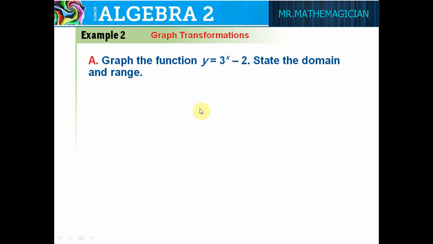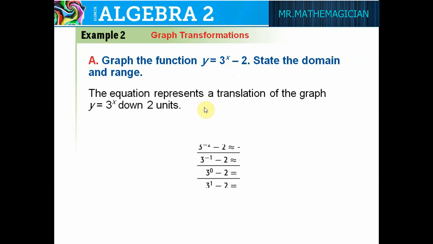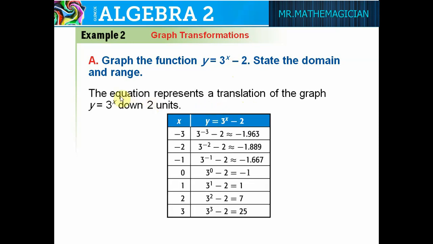Now let's do the table and let's see how we can graph. The equation represents a translation of the graph y equals 3 to the power of x down 2 units. Now take x from negative 3 to 3, substitute x using your calculator, you will have these results.